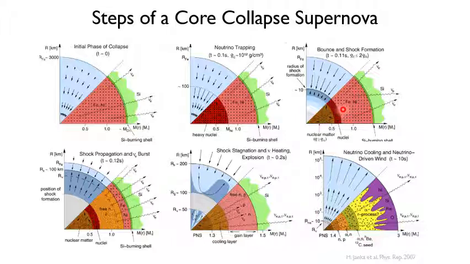A shock propagates outward, and that shock then heats up the surrounding material, and you can get nucleosynthesis in that shock region. Also, you're ejecting the envelope, and elements that were made previously in the envelope can be ejected as well. Then finally, your shock will actually stall, we believe, so that it doesn't just propagate all the way through the star and really cause the explosion.